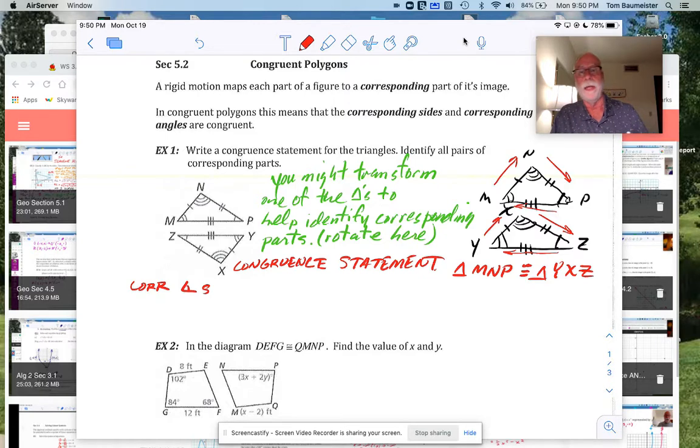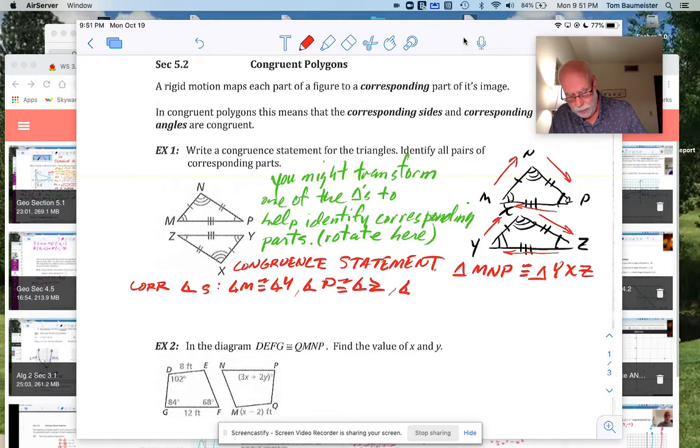So our corresponding angles, and again, just look at the ones that have the same ones. If I say angle M, and again, I don't have to necessarily go in order here, that is congruent to angle Y. I can say that angle P is congruent to angle Z. And let's see, what one don't I have?